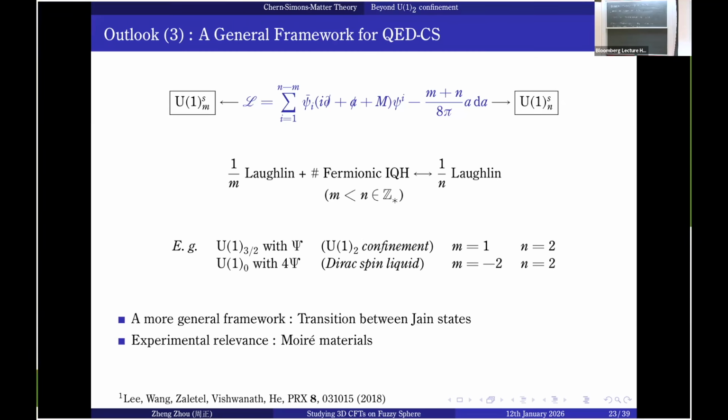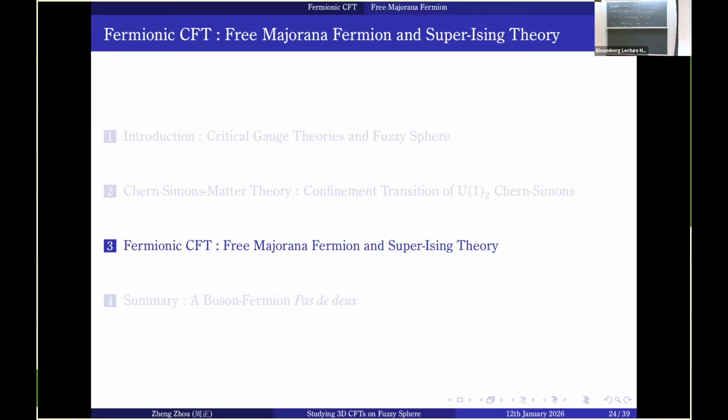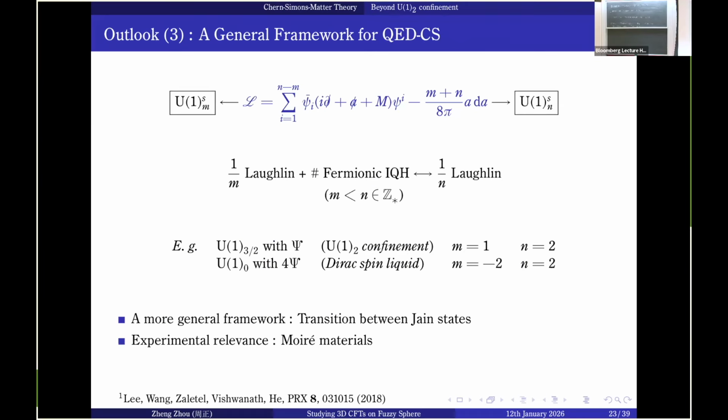Examples in this framework are the U(1) level 2 Higgs transition and the Dirac spin liquid. We can further generalize it to transitions between Jain states, and these are relevant to transitions in moiré materials. So despite that, we have answered many questions about this transition.